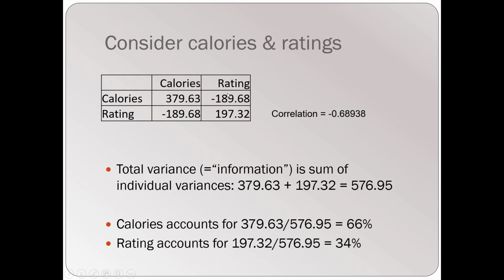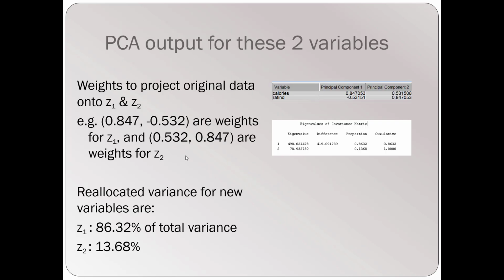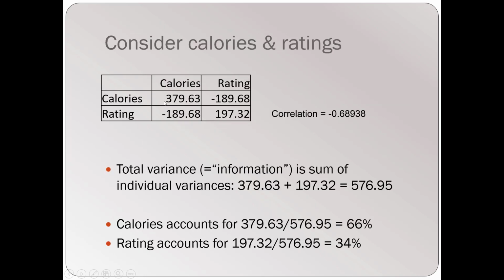Now, if you do a variance-covariance matrix for Z sub 1 and Z sub 2, you will find the variance of Z sub 1 and variance of Z sub 2 here and here, and you will have 0 for covariance. So the principal components have 0 multicollinearity, which is a good property.